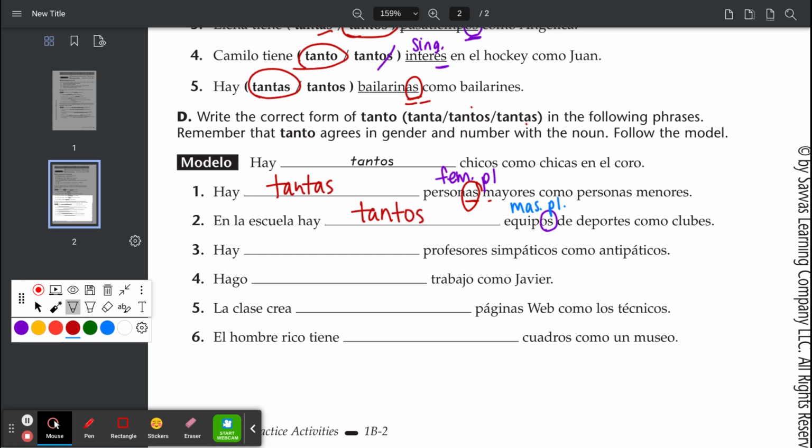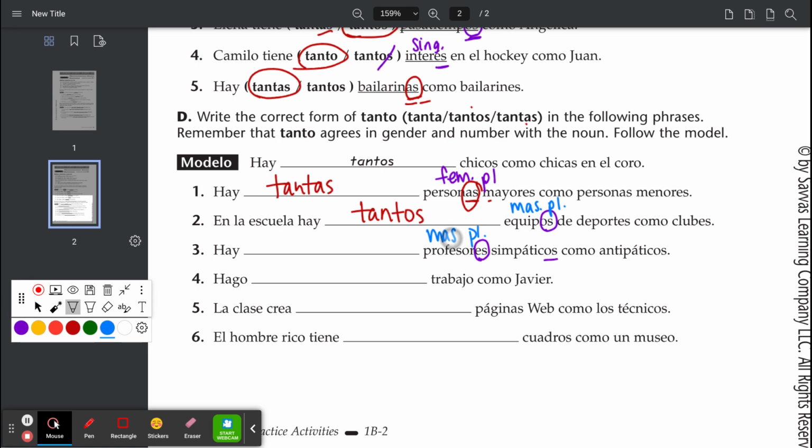Number 3, hay blank profesores simpáticos como antipáticos. All right, so profesores is plural. It is masculine. For those of you who thought it is feminine, if it's profesoras, then it would be feminine.